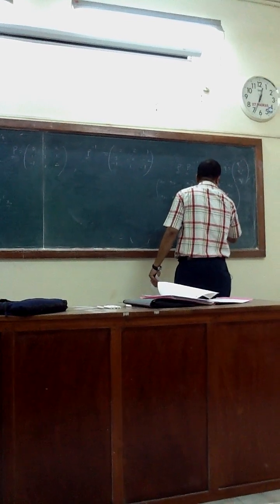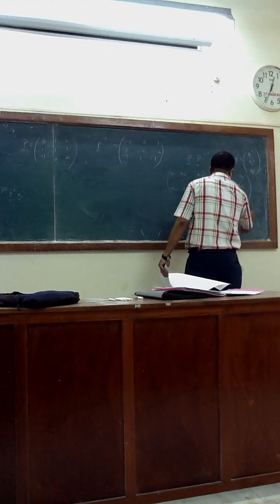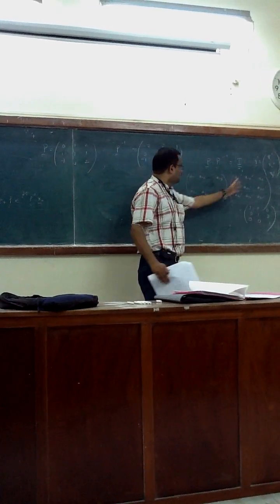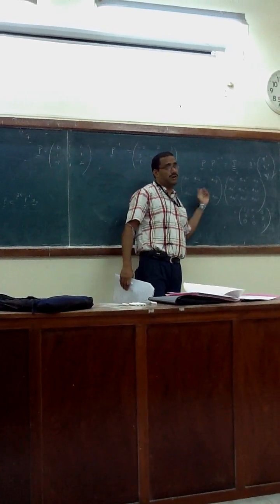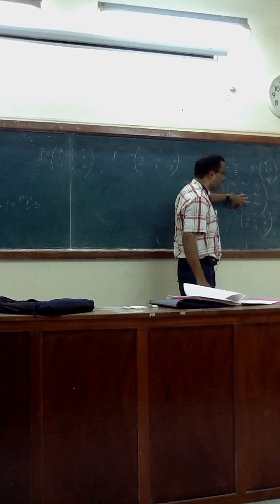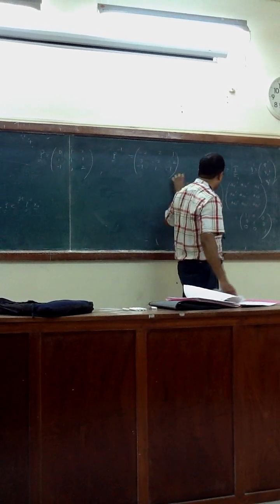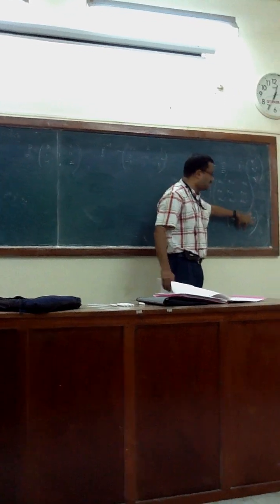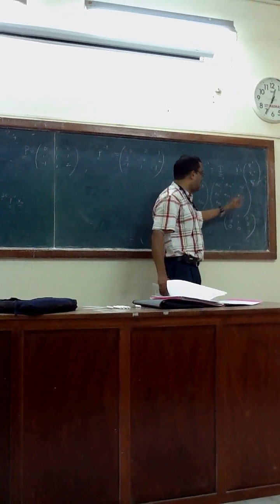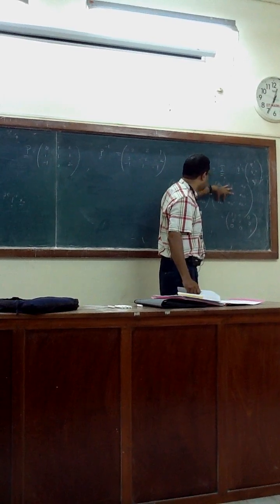It equals 1 0 0, 0 1 0 and 0 0 2. We have to find this. We know A11, A12, A13. So take this matrix and take the column, you get this column. Take this matrix, take the column, you get this column. Take this matrix, take the column, you get this column.